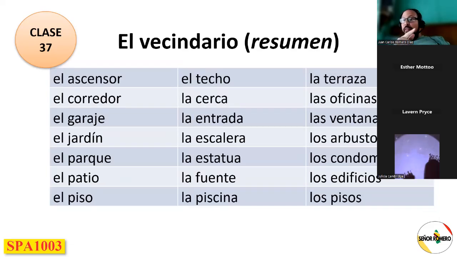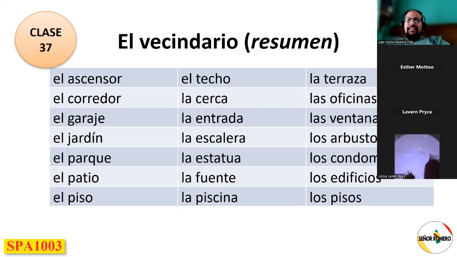el vecindario. These are the words related to el vecindario, the neighborhood. El ascensor, the lift, or the elevator, as we say here in Guyana. El corredor, the hall. El garaje, garage. El jardín, garden. Parque, park. Patio. Patio and jardín is basically the same.